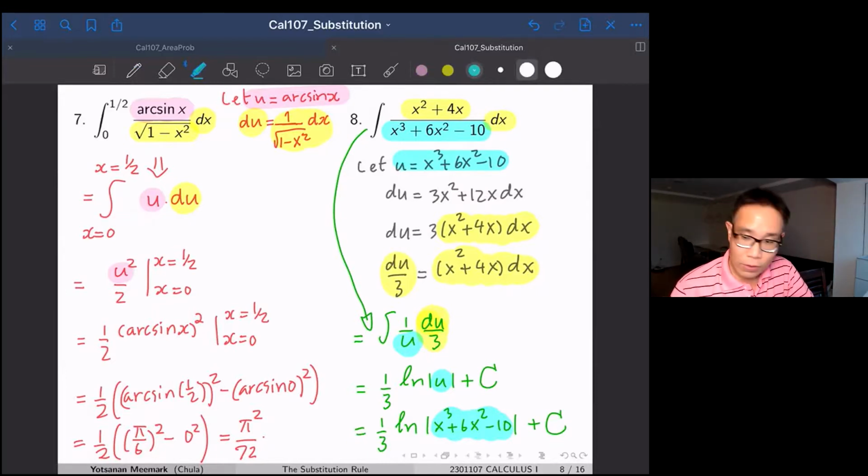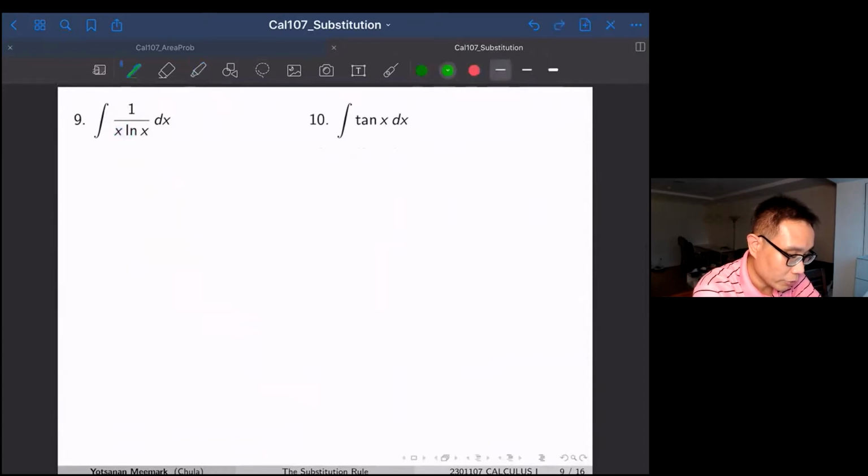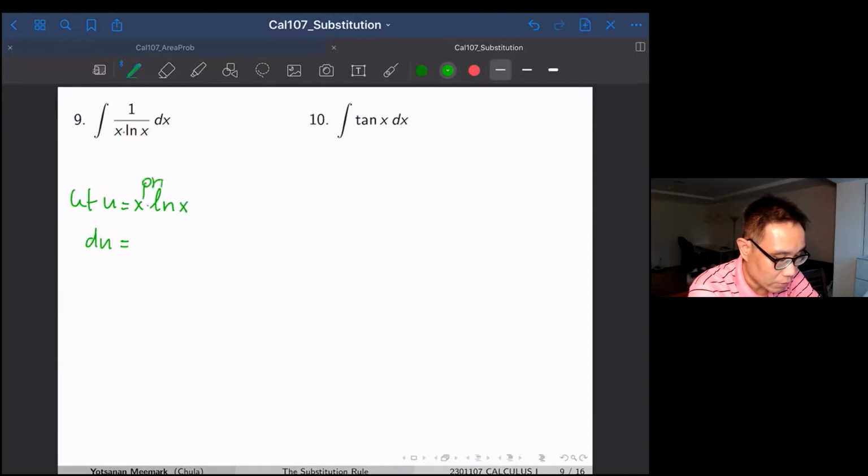So let me continue with number 9. Number 9 is going to be the integral of 1 over x log x dx. On the bottom, that is a product of two functions. One function is x and one function is log x. So you may think, hey, can we just let u be the bottom guy? If you let u be x log x, when you compute du it seems complicated because this one is a product.